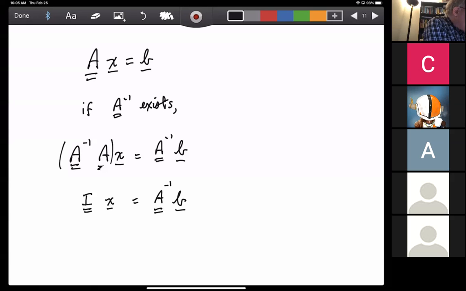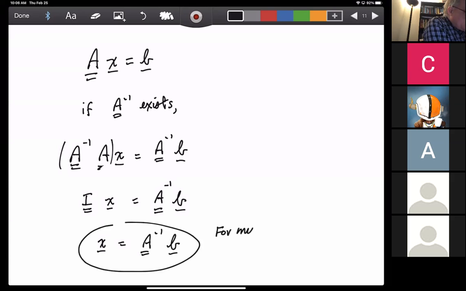We know identity matrix times anything just gives you the anything. So we have a formula for the solution. Okay, it's in terms of the inverse of the coefficient matrix. And notice that there's no free parameters. The solution is unique.